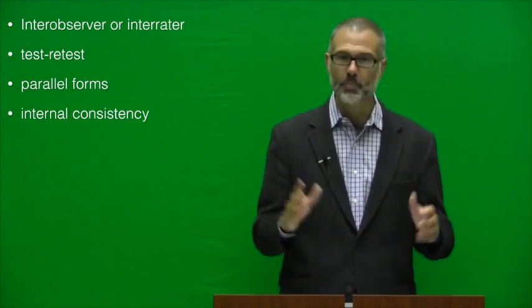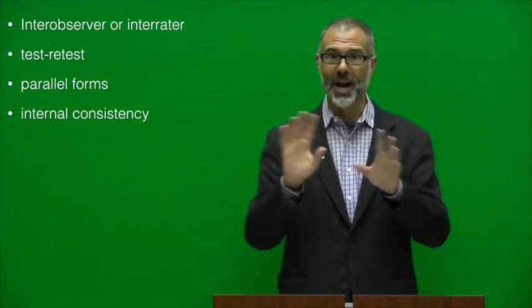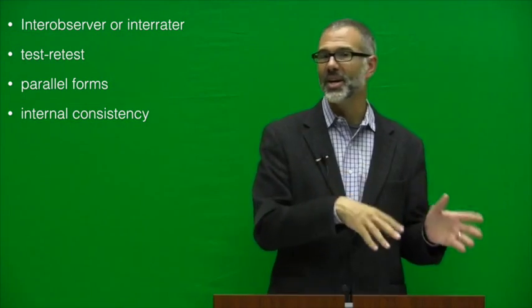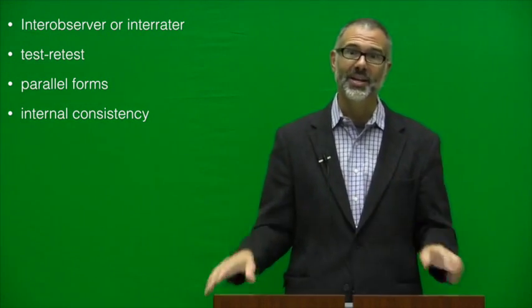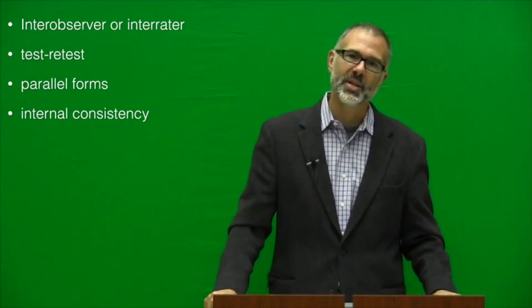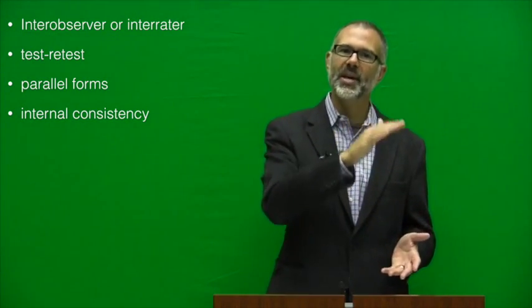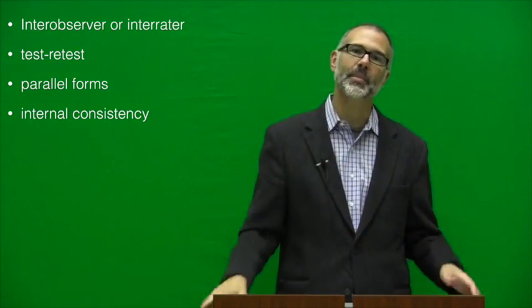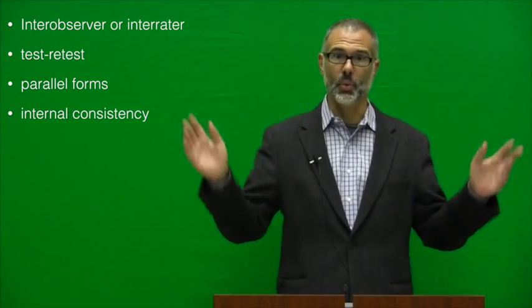There's multiple forms reliability. Does each type of measurement I'm using, and whether I use the DSM or the ICD-10, do they both produce the same kind of diagnostic measurement? And then there's internal consistency, which means, does my scale measure a single thing? Does it behave the same? Do all the questions ask about the same kind of thing rather than everything in the world?